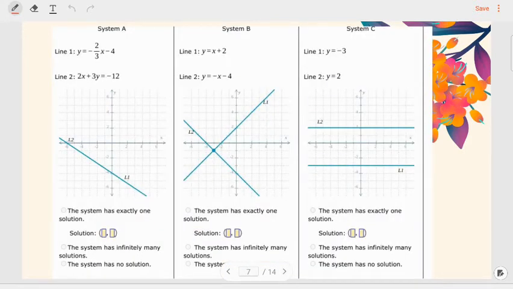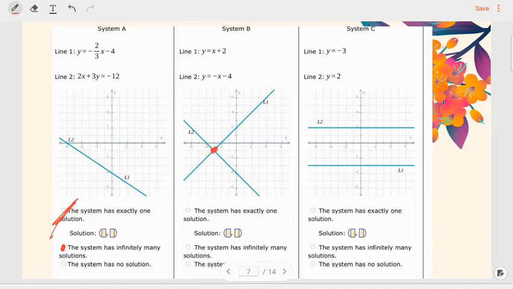So if I'm looking at this problem, which is just like one you'll see on your homework assignment, what are my answers? For system A, where I have two lines stacked on top of each other, there's not just one solution because they don't just cross at one point. There are infinitely many solutions. For system B, they only cross at exactly one point.